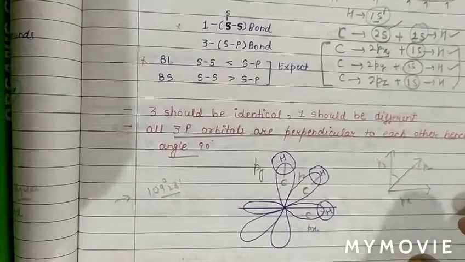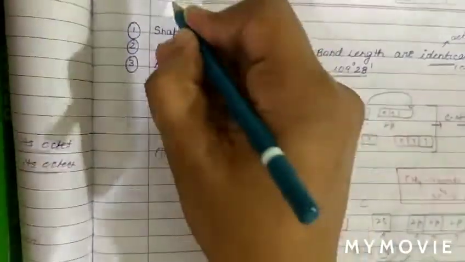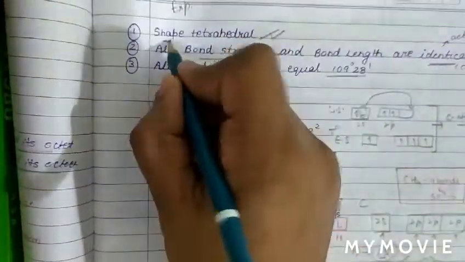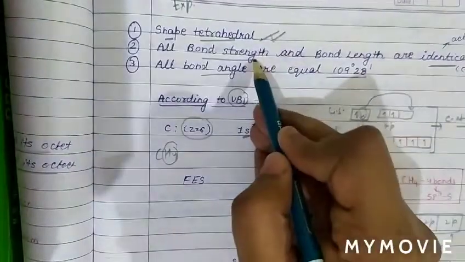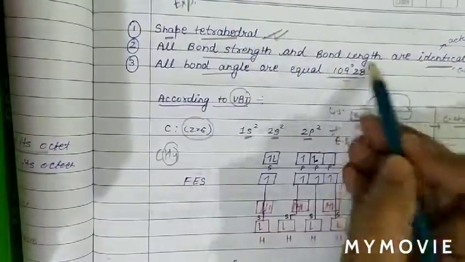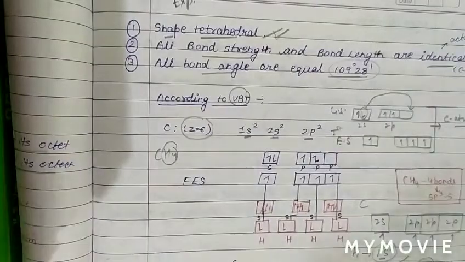Experimentally, in CH4 the shape is tetrahedral, all bond angles are 109 degrees and all bond lengths are identical.